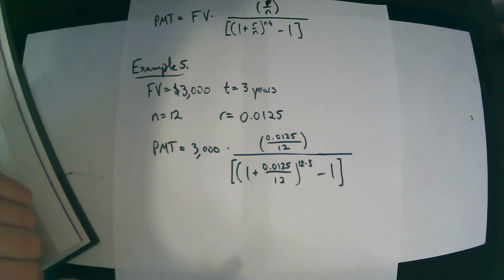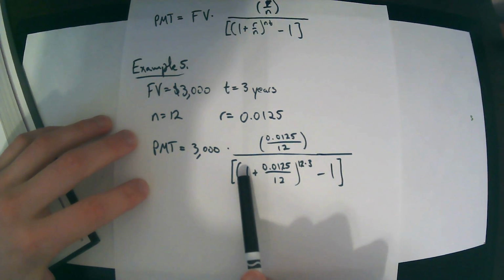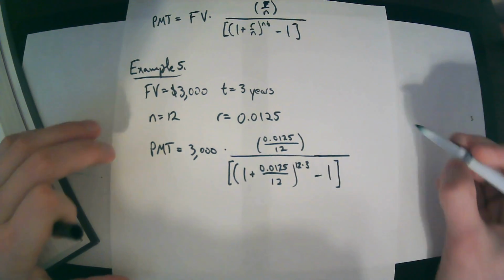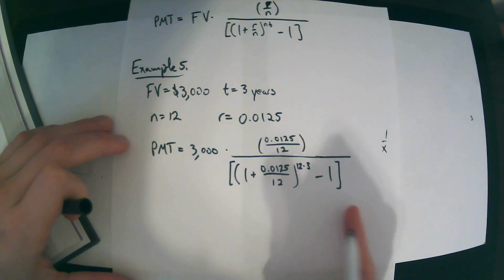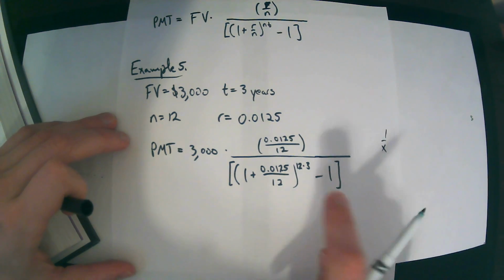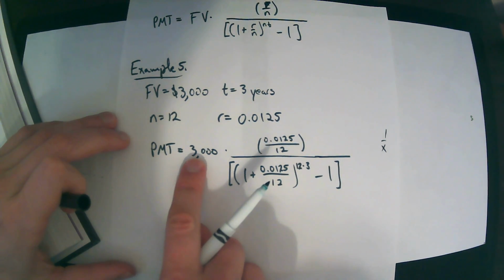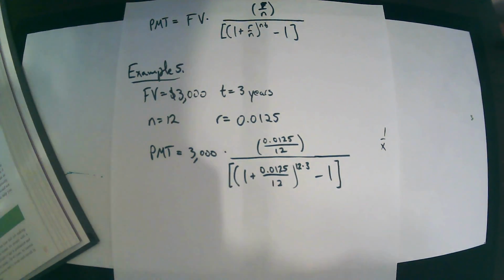The way I'm doing it in my calculations is I'll calculate this, then add 1 to it, raise it to 36, subtract 1, then I'll make use of that 1 over x button again to flip the number to be in a denominator. And then I'll multiply by 0.0125, I'll multiply by 3,000, and then I'll divide by 12.